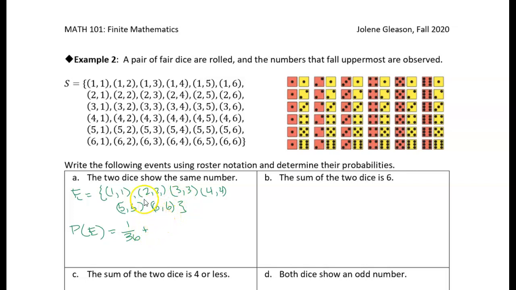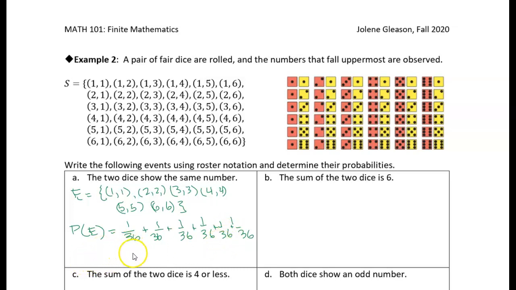So we're just going to add up. We've got 1, 2, 3, 4, 5, 6. So we're just going to add 1/36 plus 1/36 plus 1/36 plus 1/36, 1, 2, 3, 4, 5, plus 1/36. We're just going to add up the probabilities of each of the 6 individual simple events.